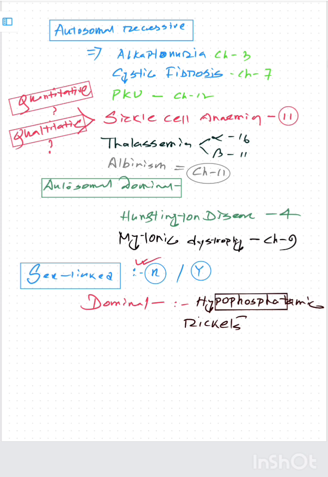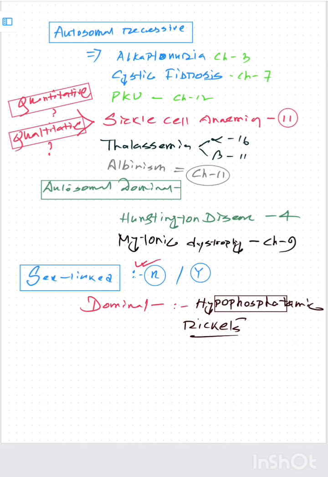If you break it down, there is a loss of phosphate through the urine, and due to this, bone formation will have some issues. Vitamin D deficiency or vitamin D resistance can also be used here, which is called hypophosphatemic rickets. That rickets is not the rickets we heard about in the nutrition chapter, isn't it? This is actually a genetic disorder, hypophosphatemic rickets. These two rickets are different.